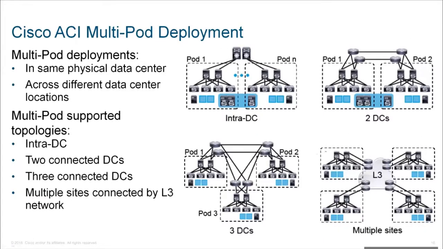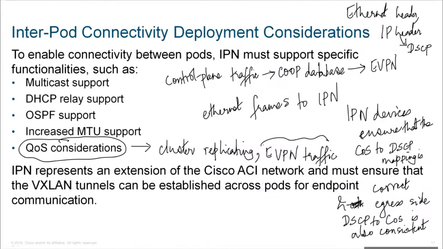Suppose I have 4 spines. I don't need all 4 spines to connect to this IPN. I can just use 2. Okay, maybe there are 6 spines here. I can use just 2. So there's no need from a design perspective.